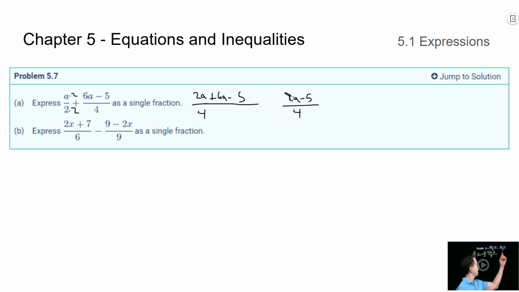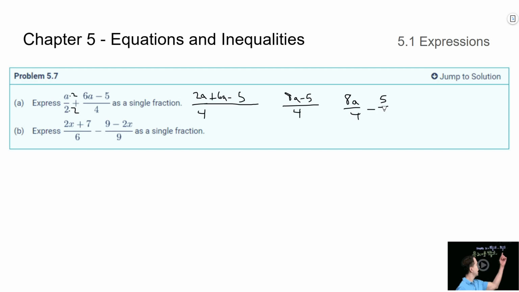Okay, one thing to note here, we cannot simplify this. I know it's very tempting to say we have a multiple of 4 here and 4 in the denominator. So that would be 4 over 1. But we cannot do that because we have another term here that is not a multiple of 4. So this could be broken up to say something like 8a over 4 minus 5 over 4.